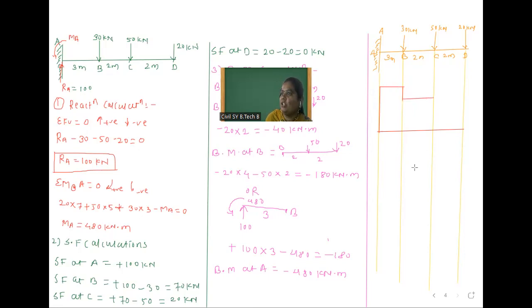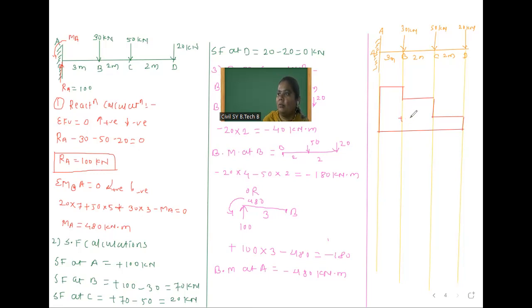At C point, shear force is 20. That means it goes below to 50. Okay, below to the 50 value here. After that, up to D point, the shear force diagram is constant, and at D, shear force is 0. So we will connect this. Okay, so this is the shear force diagram.